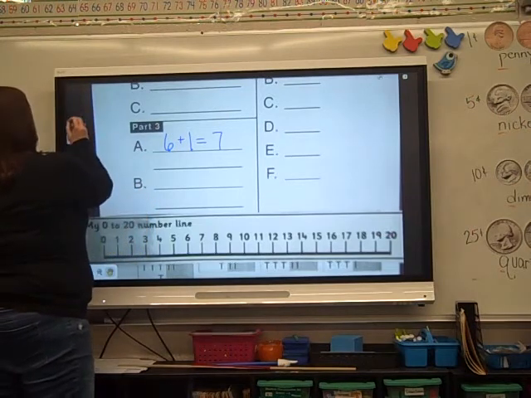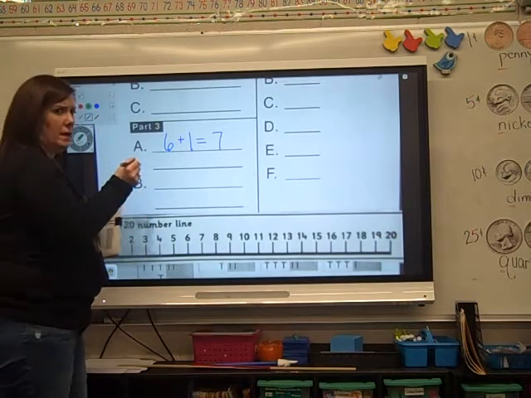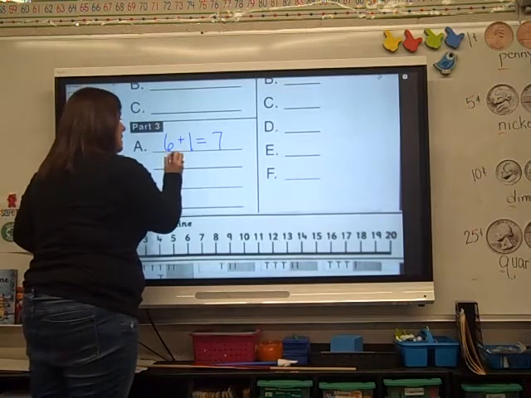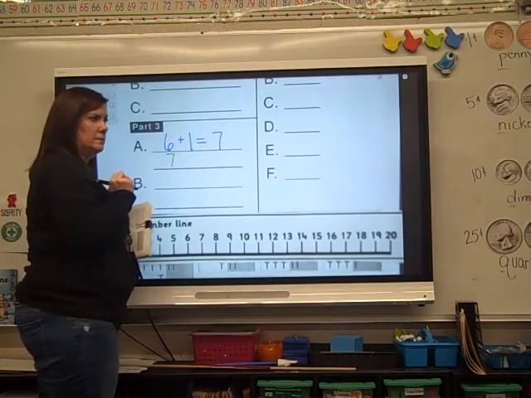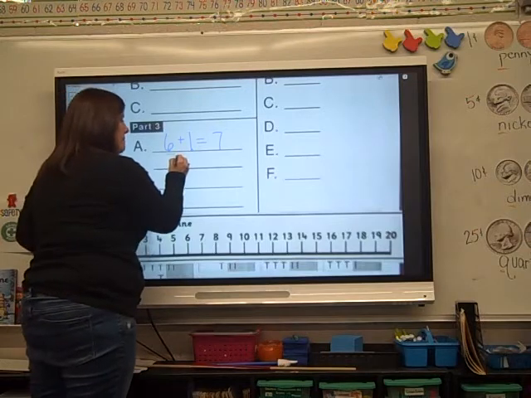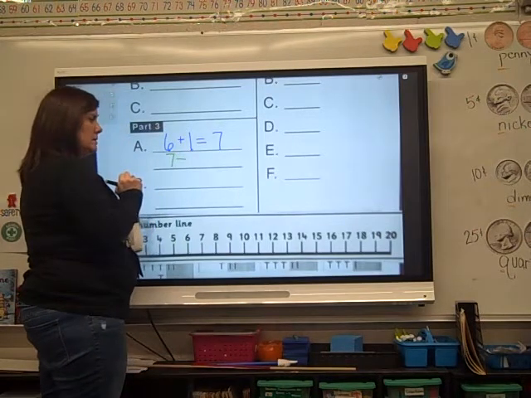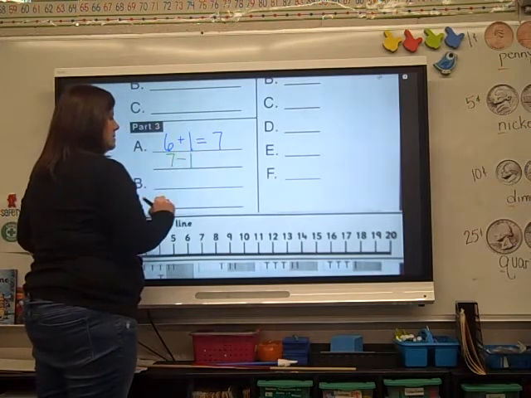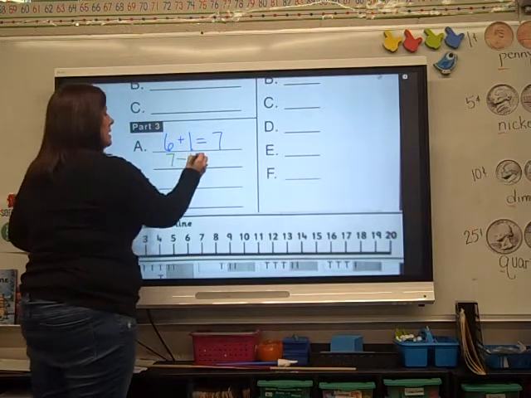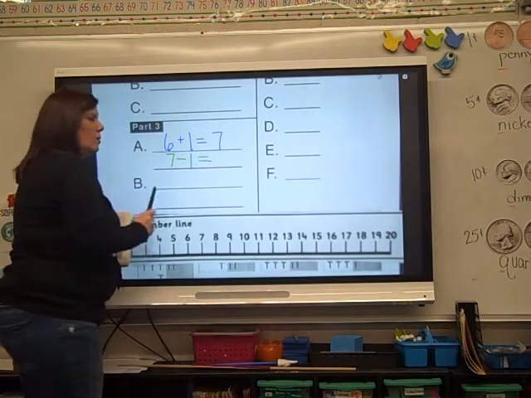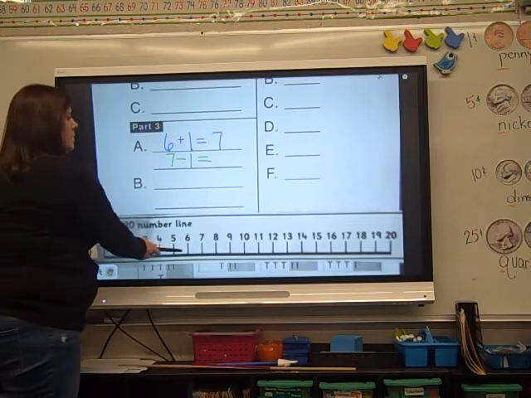So let's look. A bug starts at 7 on a number line. He minuses 1 place. He ends up on what number? Do it on your number line.